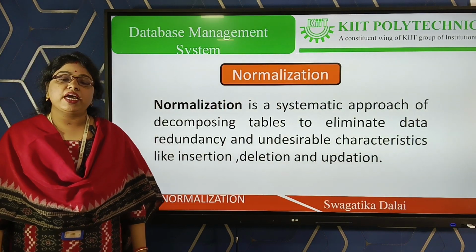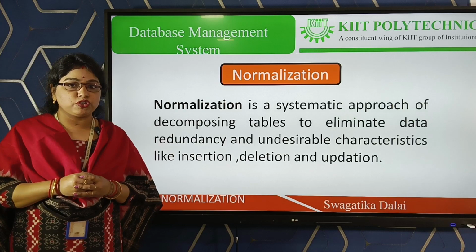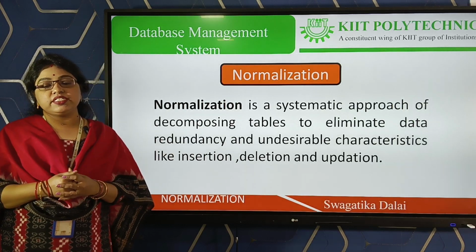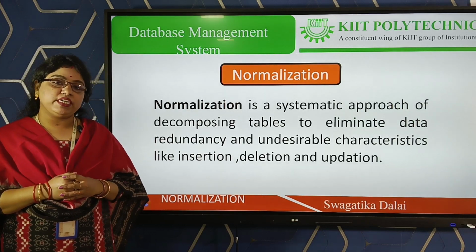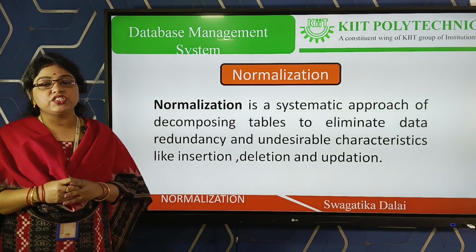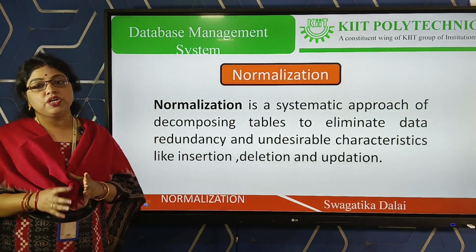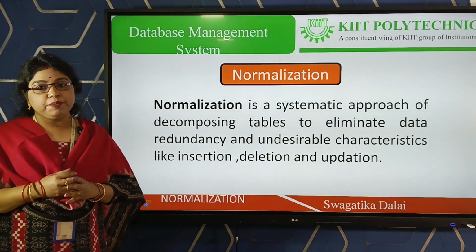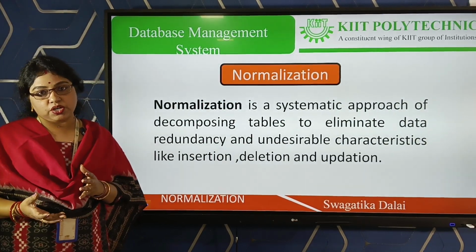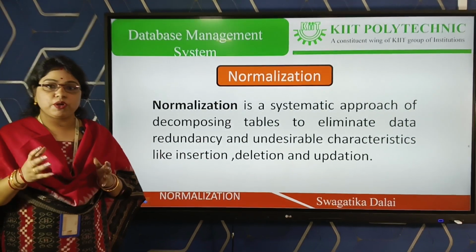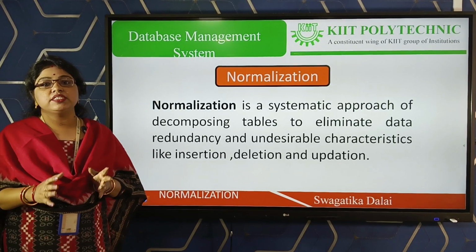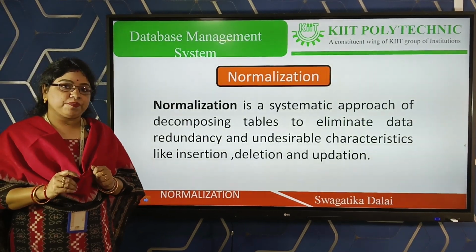What is normalization? Actually, it is a systematic approach of reducing the redundancy and different undesirable characteristics like insertion, deletion and updation from the database. That means it is a process of reducing the redundancy from the table. Redundancy means the duplicacy of data.